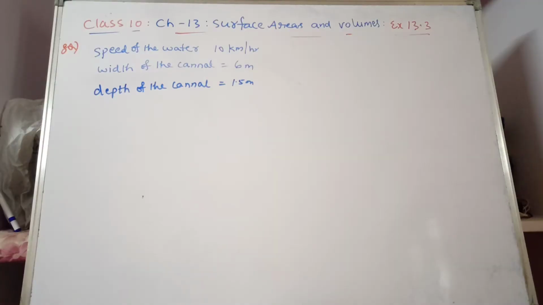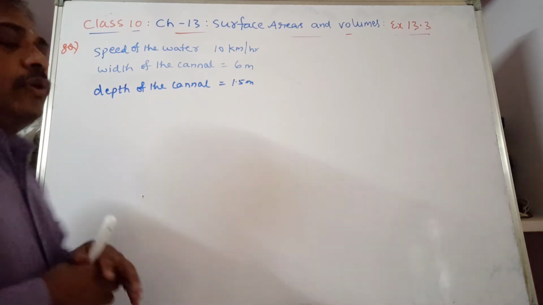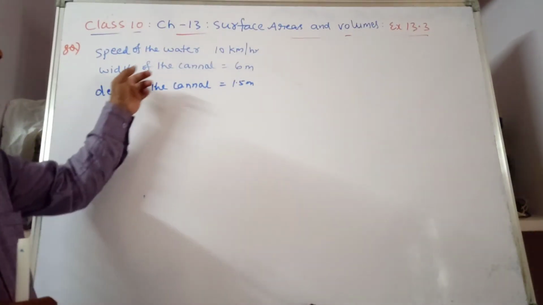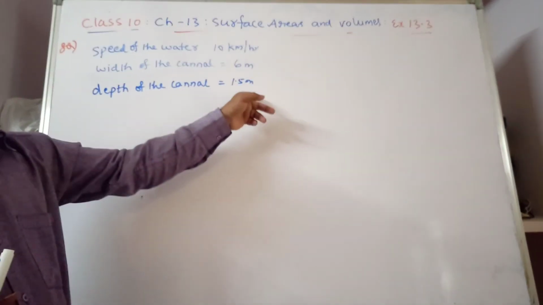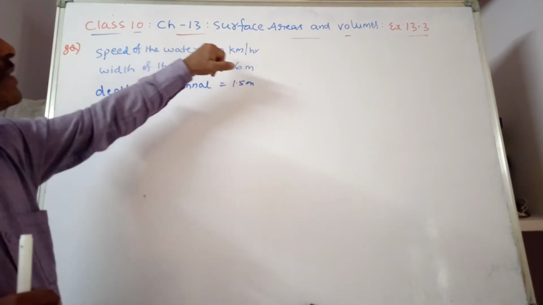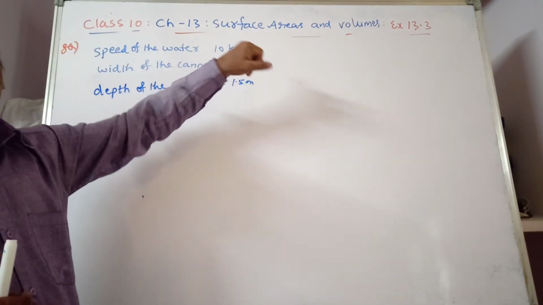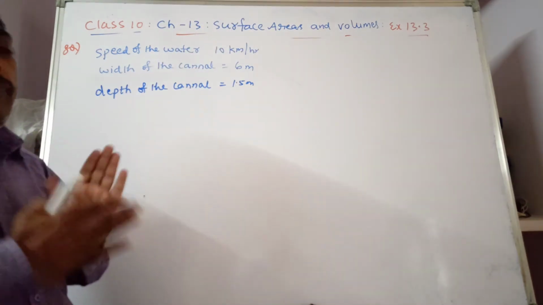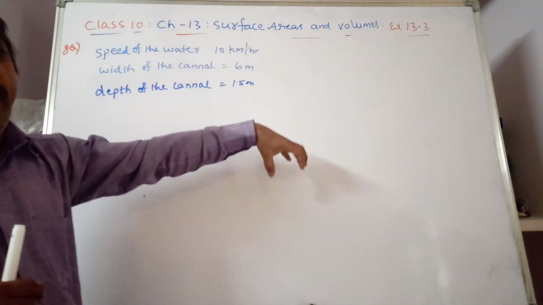Here, question number 8. Water is flowing through the canal of 6 meters wide and 1.5 meters depth at the speed of 10 kilometer per hour, flowing into the field.